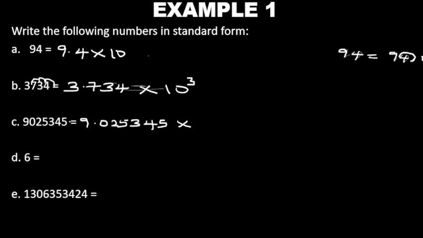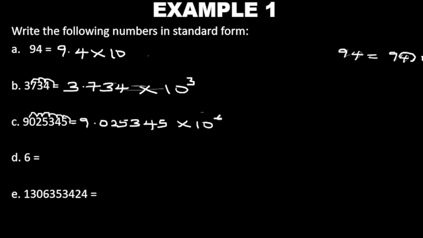Then multiply by 10. So the power of 10 will depend on the number of times you shifted the point to the left. So from here, let's shift the point to that position. 1, 2, 3, 4, 5, 6 times. So that will be 10 raised to the power of 6.